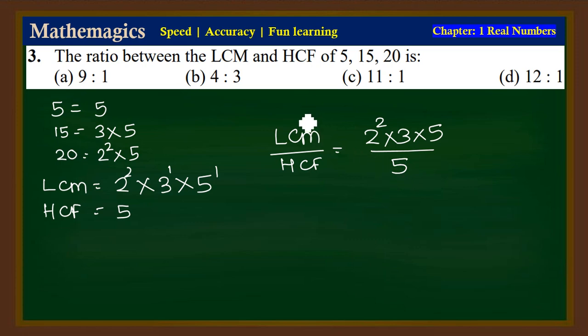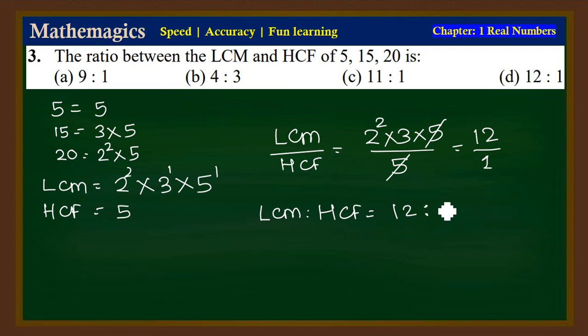To find the ratio, we have to simplify it. 2 to the power 2 means 4, 4 times 3 is 12, and the denominator is 1. So the ratio LCM to HCF is 12 to 1, which is option D. I hope you have understood this.